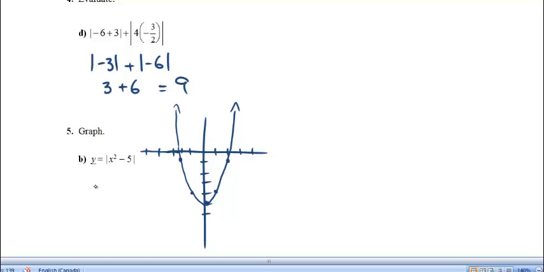When I take the absolute value of it, all that does is take anything that's below the x-axis, anything with a negative value, and make it positive. So taking the absolute value of this graph takes everything that was below and brings it up. So now the absolute value of x squared minus 5 is what's in red. That's it. Anything below gets reflected up.